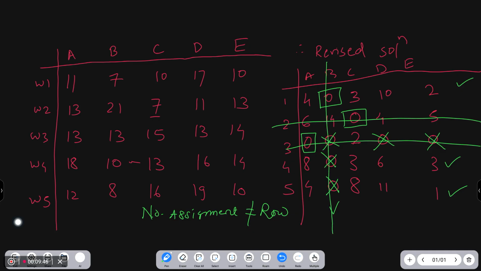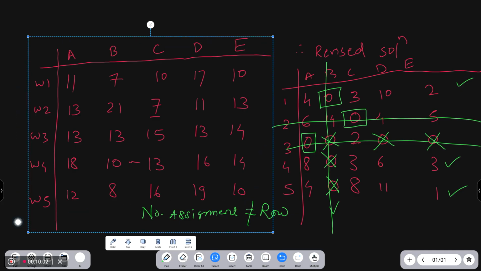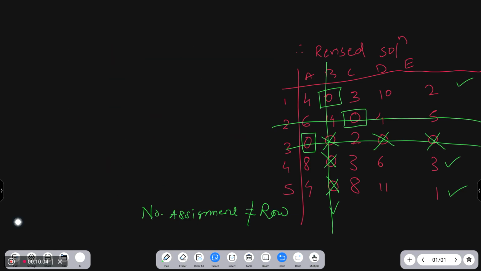Fine. Now, after that, what is the next step? You have to identify the covered and uncovered area.